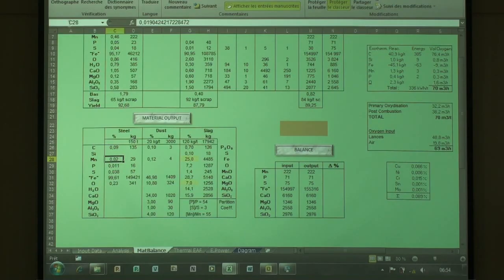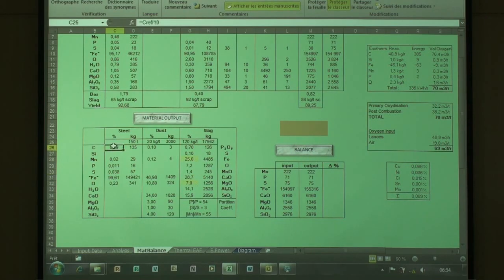This C28. Okay, when I click this button, I change these values here in order to reach 0 here. Same for the phosphorus. Difference here to be 0, and I change this value here, you see, it's also a very big number. And sulfur, the same. Okay?